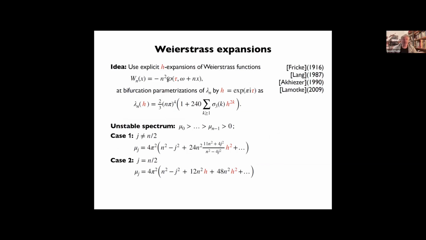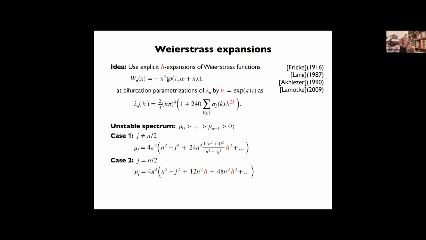And we expand with respect to the Weierstrass parameter tau. I said these equilibria are, from the complex analysis viewpoint, elliptic functions. And the elliptic functions have a double periodicity in the complex plane. And there is a lattice parameter tau.